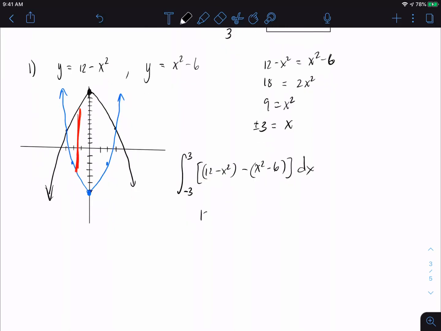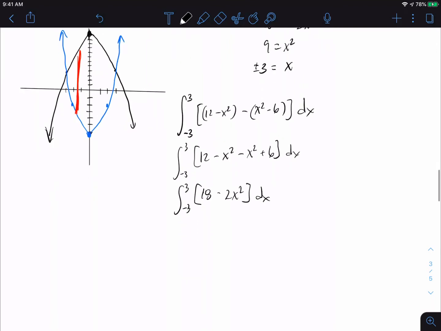So I'm going to get 12 minus x squared plus 6. And that's going to give me 18 minus 2x squared dx.